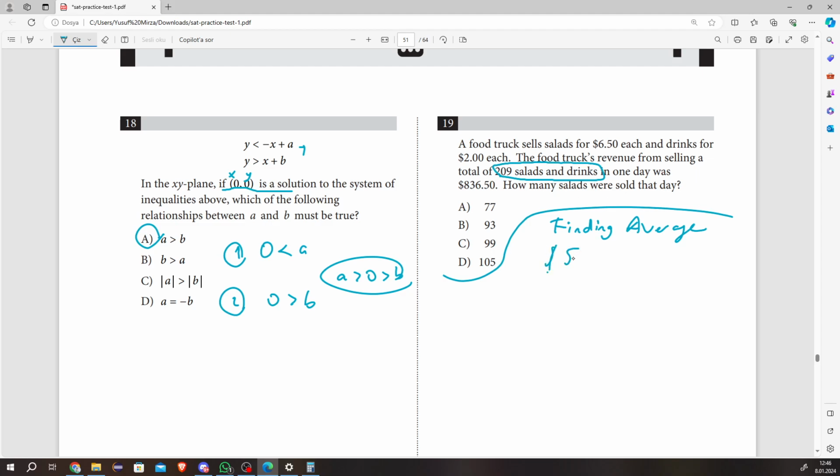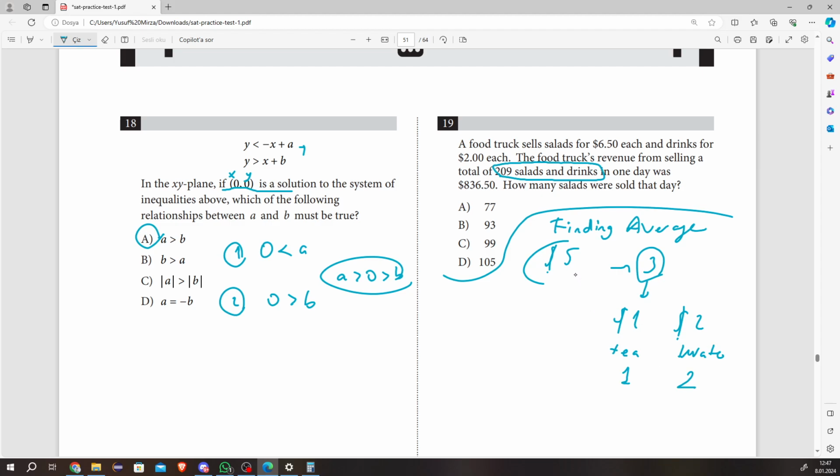Let's say we buy 3 things which can be 1 and 2. Let's say this is tea and this is water, for example. So we buy 3 of them. You can say 2 of them are water and 1 of them tea.